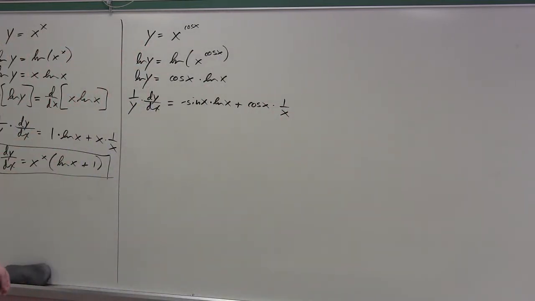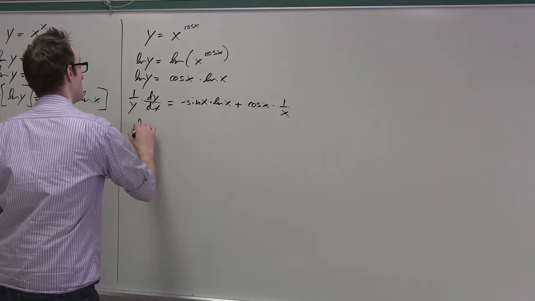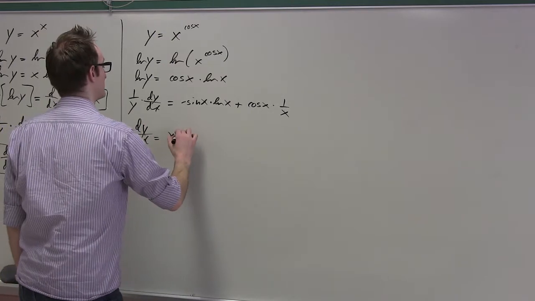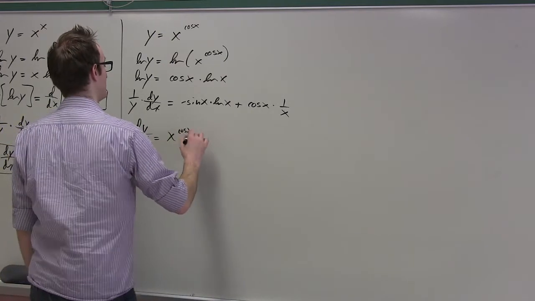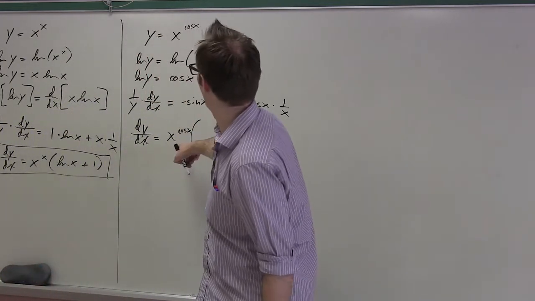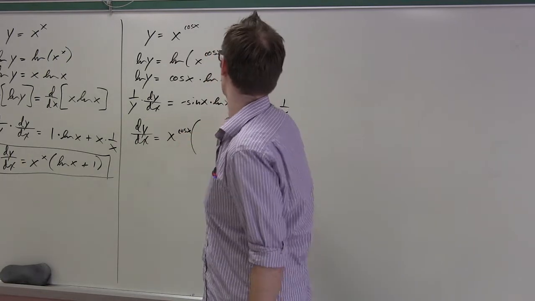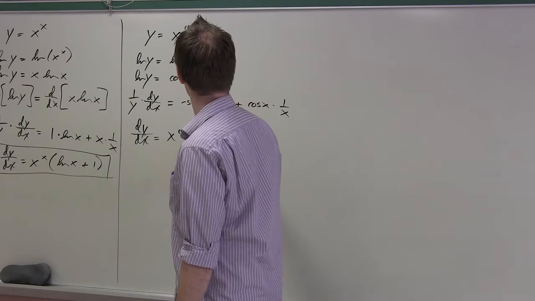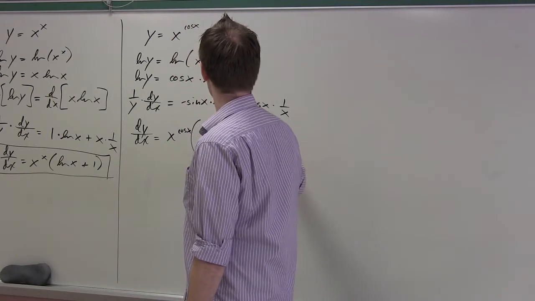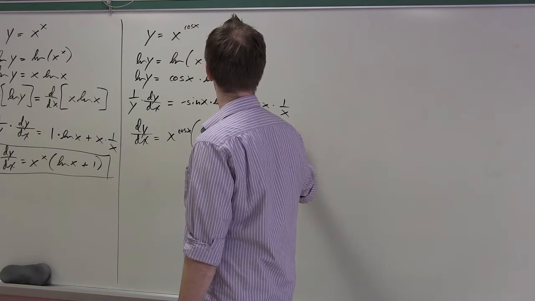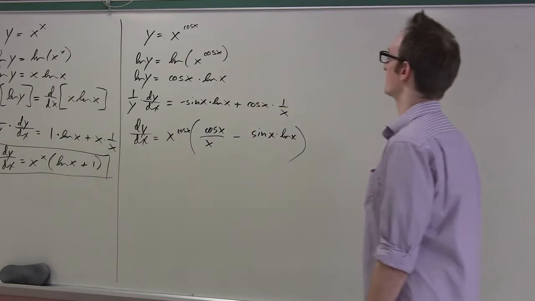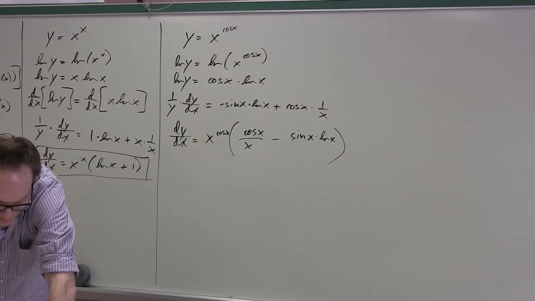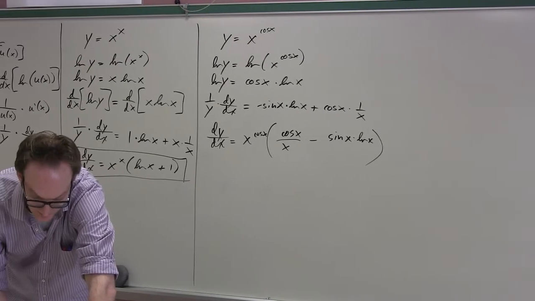So this thing is not particularly beautiful or anything, but I get that dy dx is x to the cosine x times, because that's what y is, times all of this. So I guess cosine x over x minus sine x ln x. And I could get a common denominator if I wanted to, but I don't think it. Okay, that is logarithmic differentiation.